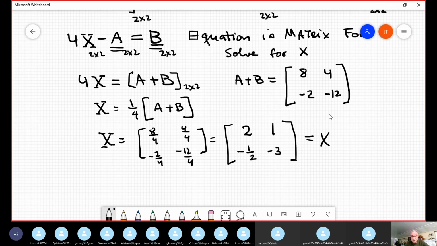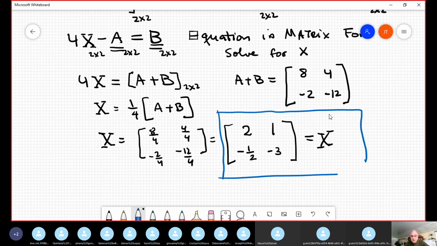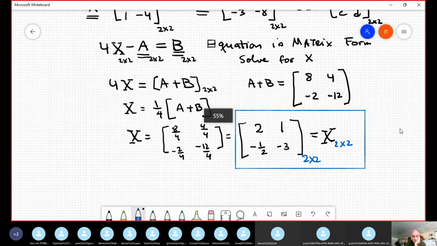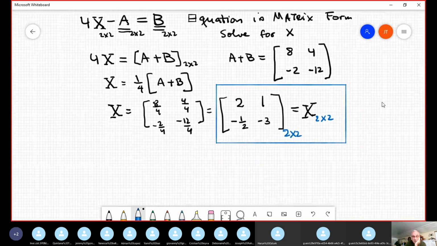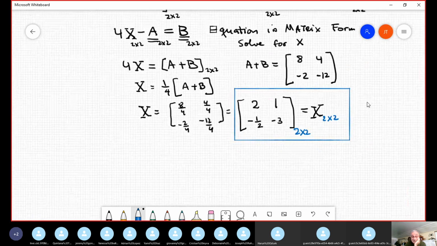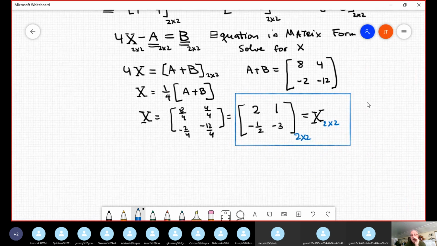And this is my answer. The matrix X I'm looking for is this matrix. Of course, we predicted the dimension is 2 by 2. So this is the idea today: operations with matrices. We are using this fantastic idea for solving linear systems of equations in an unbelievable way.